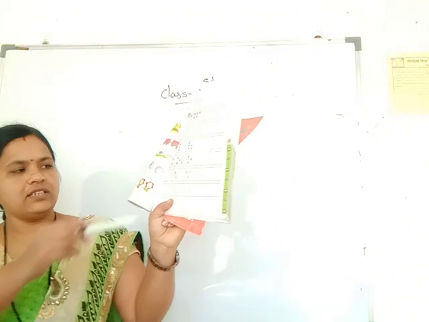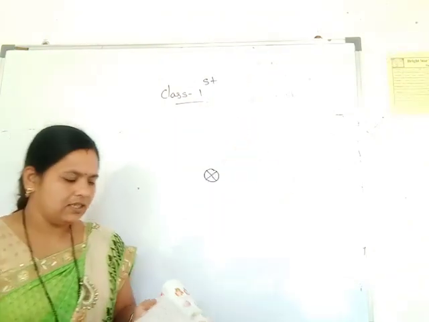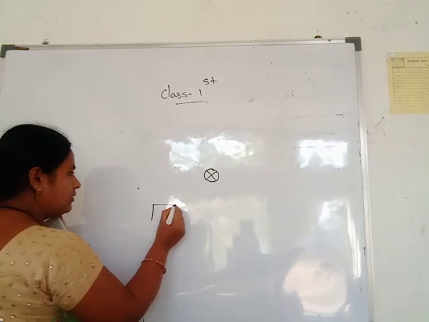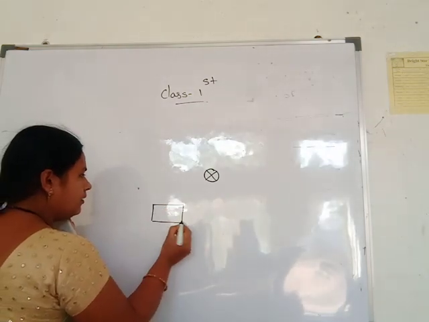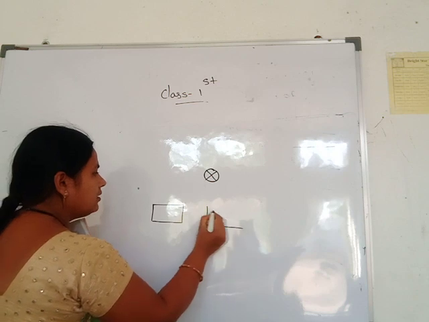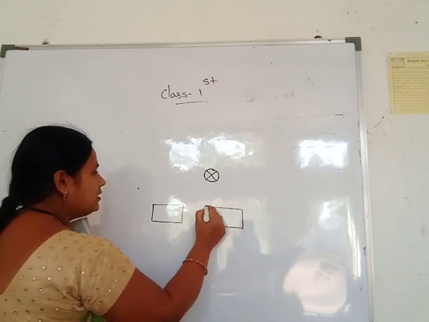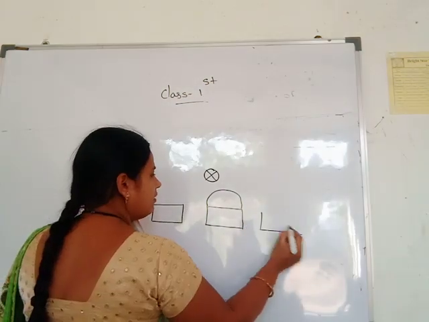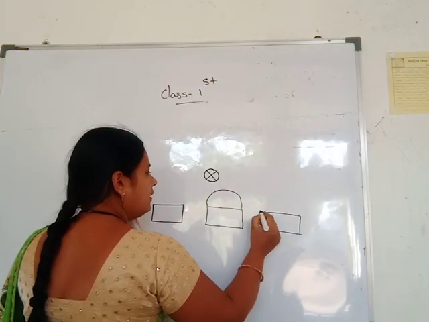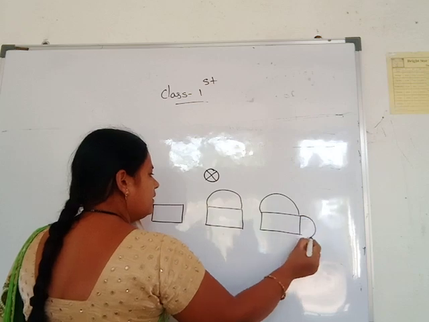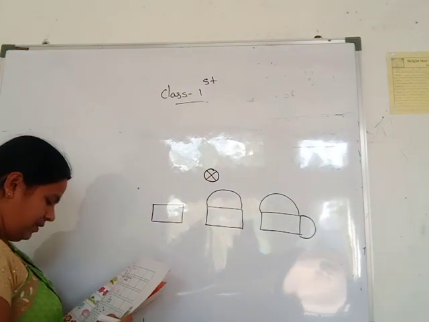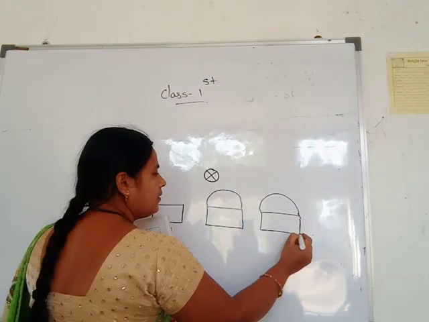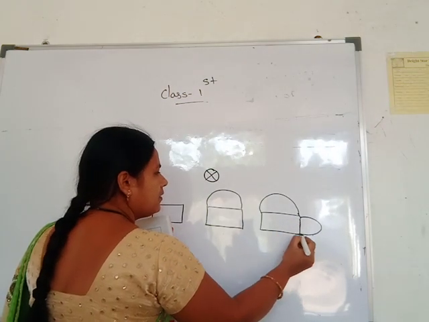Then see the next figure. Here one rectangle is given in this type in the first box. Then in the second box, in this type of figure. Then in the third box you draw the figure. The third box is also given in this type.